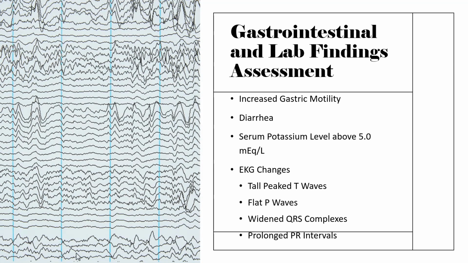When you're looking at the laboratory findings, you will note a serum potassium level greater than 5 milliequivalents per liter, and you'll see EKG changes, such as tall peaked T waves, flat P waves, widening QRS complexes, and prolonged PR intervals.